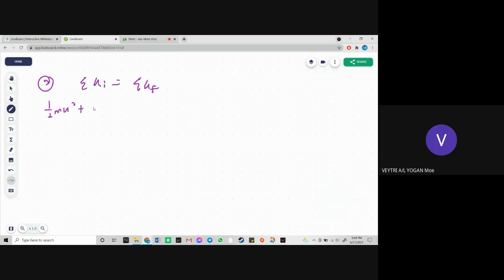1 over 2 M1 U1 square plus 1 over 2 M2 U2 square equals to 1 over 2 M1 V1 square plus 1 over 2 M2 V2 square. Now, substitute je value dia macam tadi. 0.5 times 3 square tambah 1 over 2 M2 times negative 3 square.